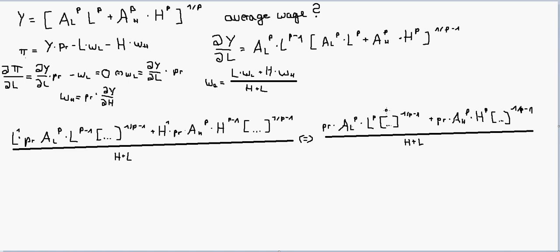What we see now is that this P_R and this bracket to the power of 1 divided by rho minus 1 are contained in both terms here, so we can factor these two out.